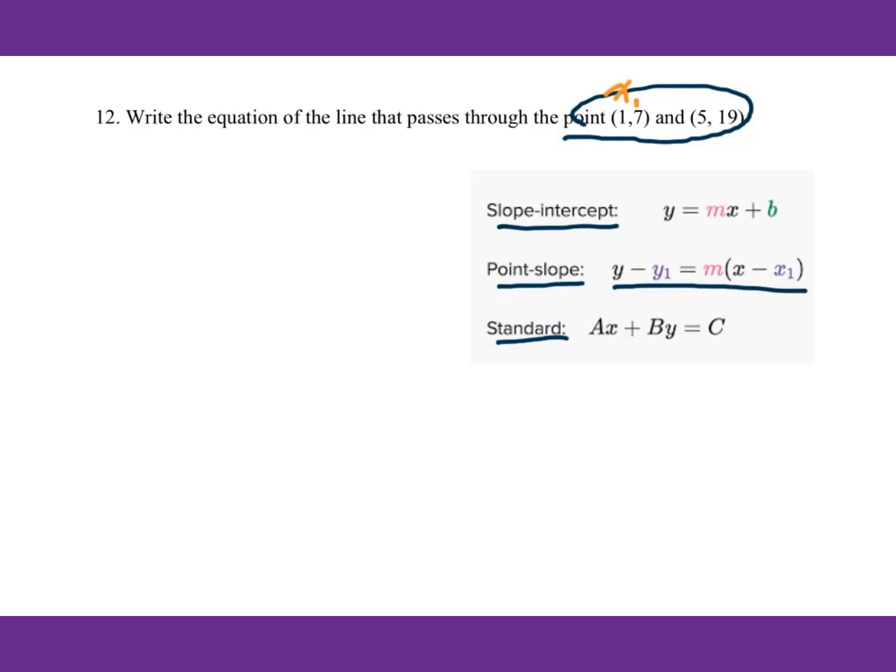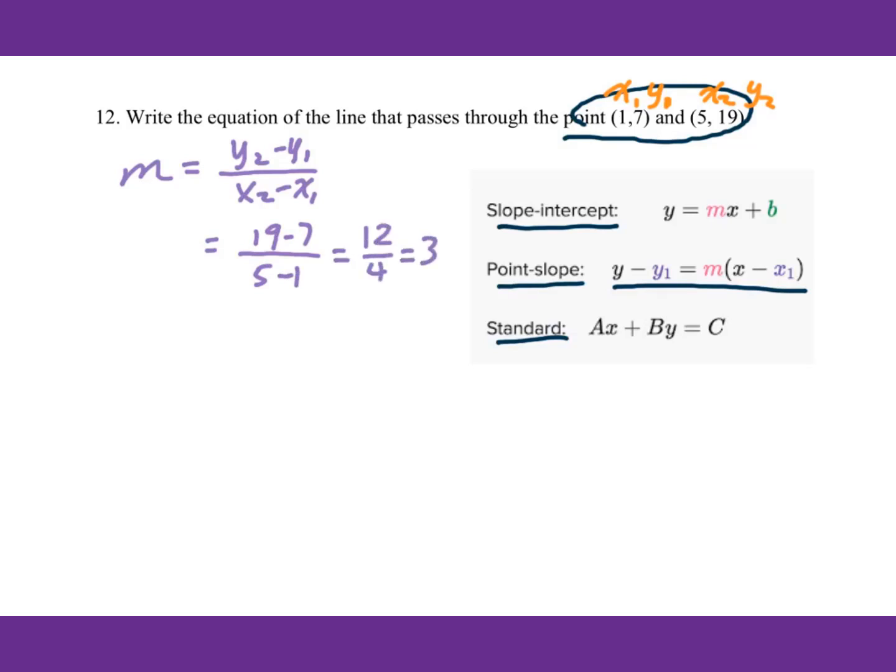We label x1, y1, x2, y2. The slope formula equals y2 minus y1 over x2 minus x1. So we plug in: 19 minus 7 over 5 minus 1 equals 12/4 equals 3.